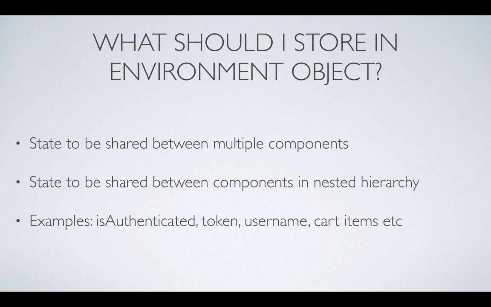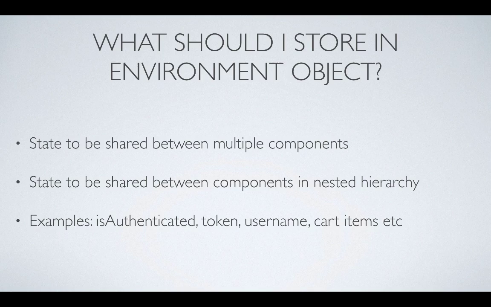Now, one of the questions is, what should I store in environment object? Well, it really depends. You can store data or state that is shared between multiple components in a nested hierarchy. Some examples are the isAuthenticated flag, some sort of authentication token, username, card items, but it really depends on the app.